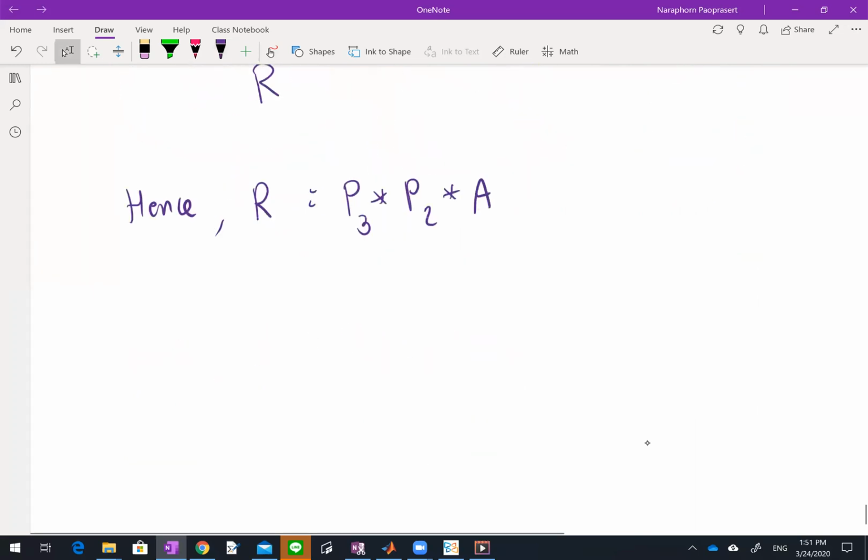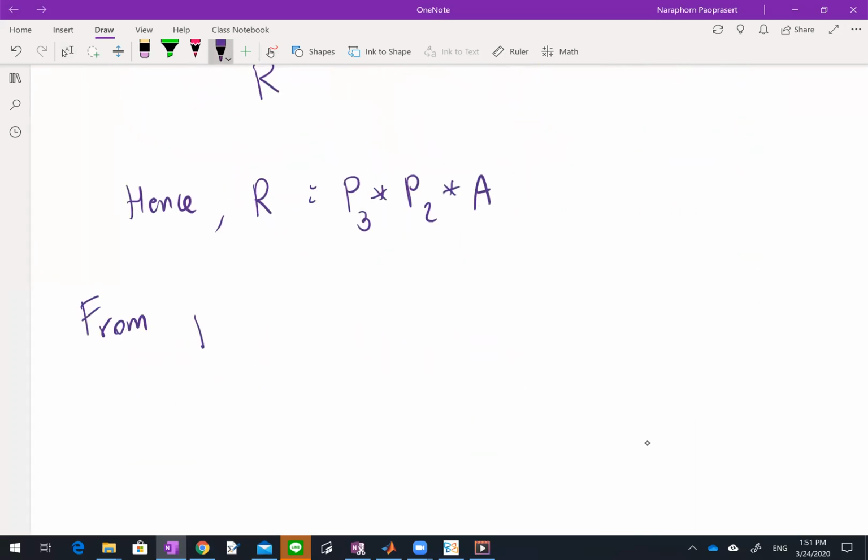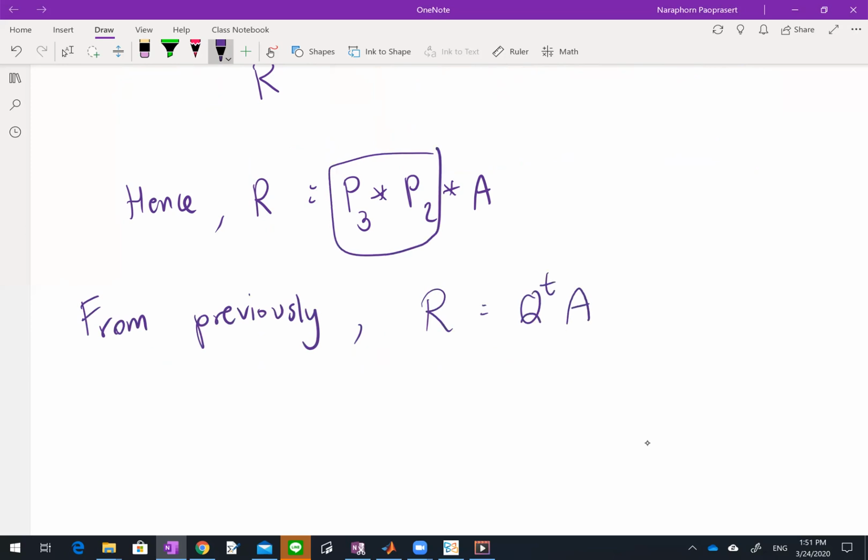And from previously, you know that R equals Q transpose A. So you can see that P3 times P2 is just the Q transpose. Hence, Q transpose is just P3 times P2.